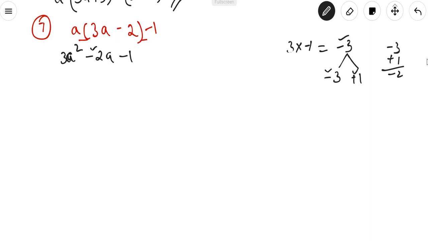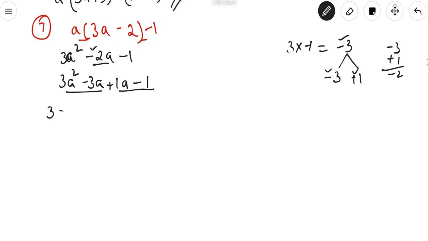Okay, so we'll write the equation now: 3a square. This is called middle term splitting, so this term we are splitting: minus 3a plus 1a minus 1. Now this one and this one we will group, and this one and this one we will group. What is common here? I hope till now you have understood how to take common.